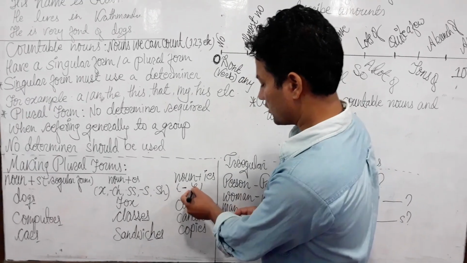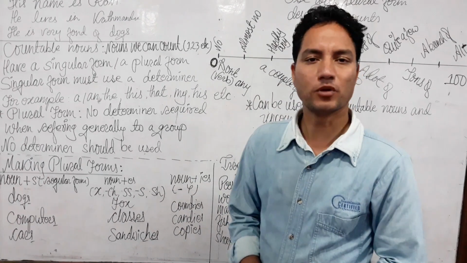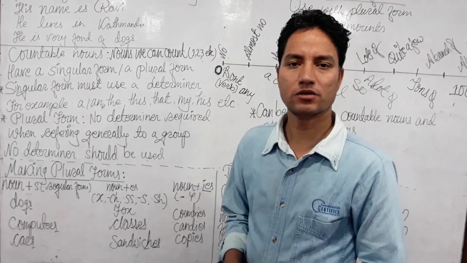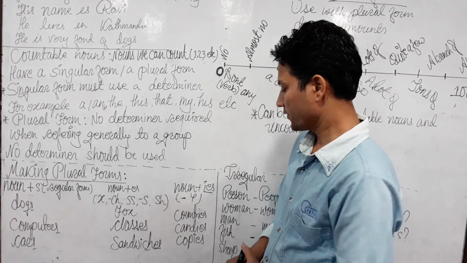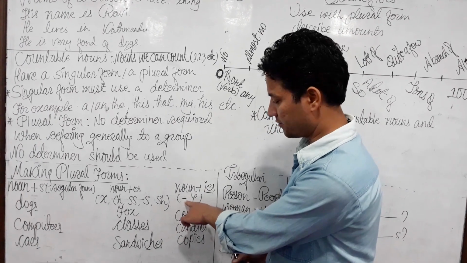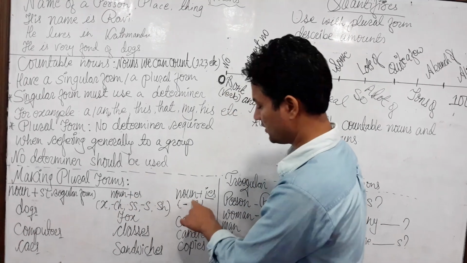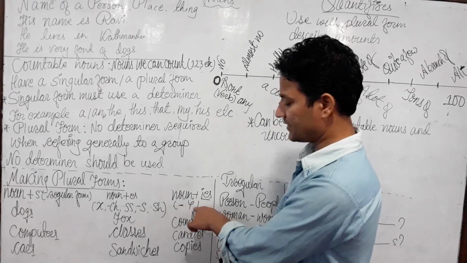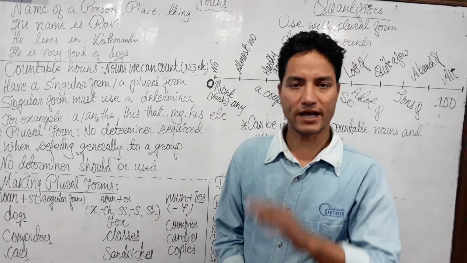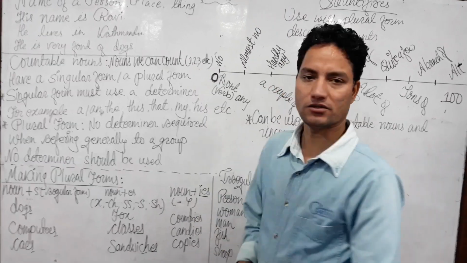Similarly, for a word ending in y, when we change it into plural, we have to add ies. While doing so, we have to deduct the y. That is why I have used a minus sign here, and a plus sign here because we have to add es. If a word ends in the letter y, we remove that y and add ies to change it into plural.